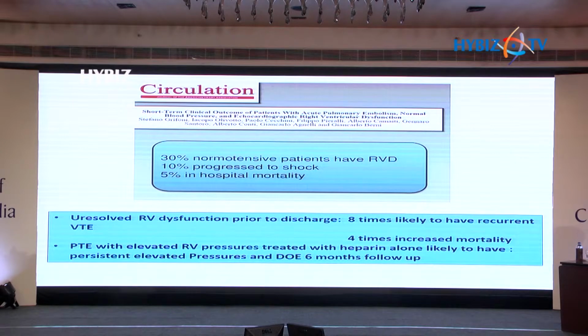Apart from that, patients who have residual right ventricular dysfunction after treatment are 8 times more likely to have recurrent VTE and have 4 times increased mortality. Besides this, patients who have inadequate reduction in pulmonary arterial pressures following antithrombotic or thrombolytic therapy have a residual clinical syndrome of exertional dyspnea and persistently elevated pressures for 6 months.